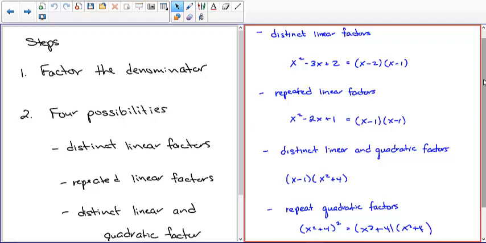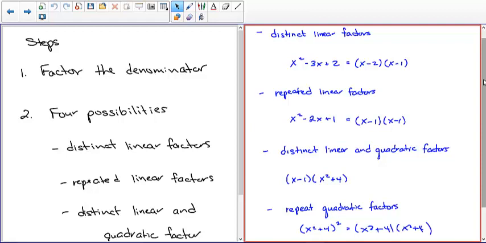Sometimes you factor a third order equation and one of the factors is real and the other one doesn't have any real roots. If you just tried to solve this, you get plus or minus the square root of -4, which would give you plus or minus 2i or something like that. So in this case, we can't factor it. So it has a distinct linear factor and a quadratic factor.